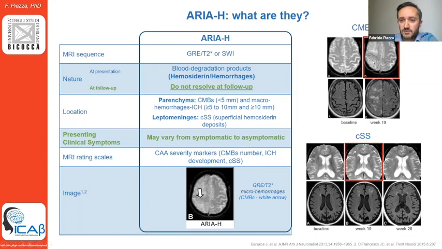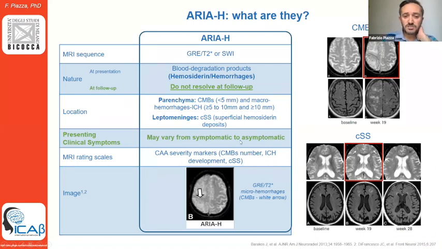And as you can see here, they are represented by these small black dots, so previous microhemorrhages after treatment, or cortical superficial siderosis, which is represented by this hyperintensity signal, again representing the deposition of hemosiderin, so iron, after bleeding events.